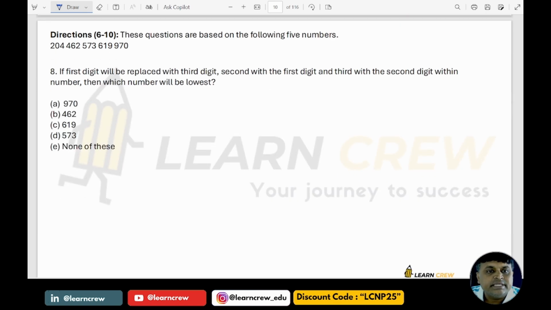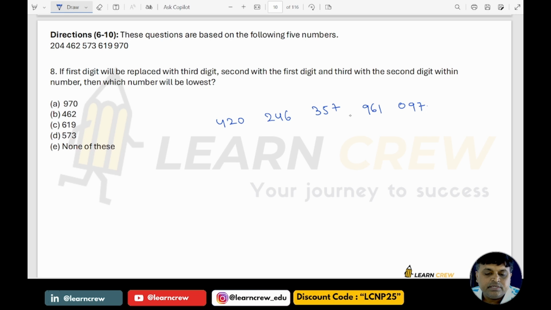Next, if the first digit is replaced with the third digit, the second digit with the first digit, and the third digit with the second digit within each number, then what will happen? The series will change like this: 420, 246, 357, 961 and 097.